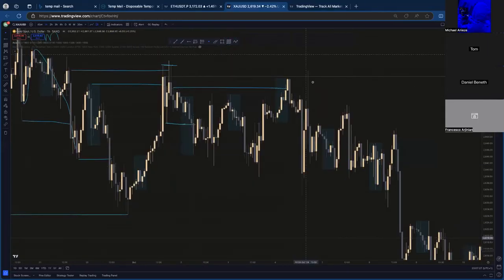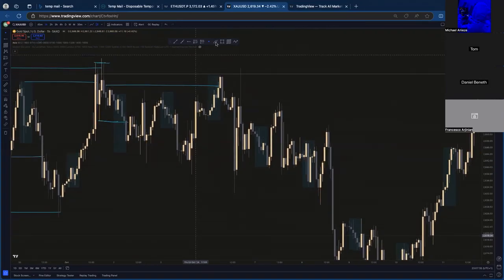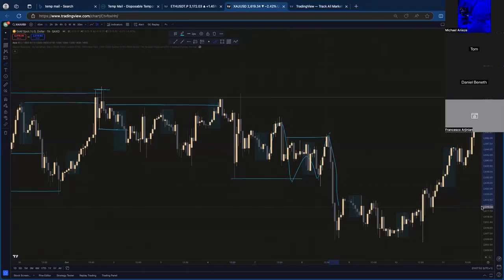But then price broke structure, right? Did something like this now. Wanted to create something here, but then failed, broke structure right here, came back into this, and then broke structure again, right?